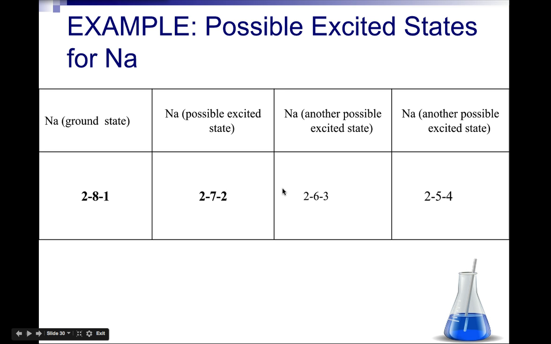And you will notice that it tends to be the last 2 numbers that we change, and we tend to change it only by 1. Since these do not match the original ground state, each one of these numbers represent an excited state for sodium.